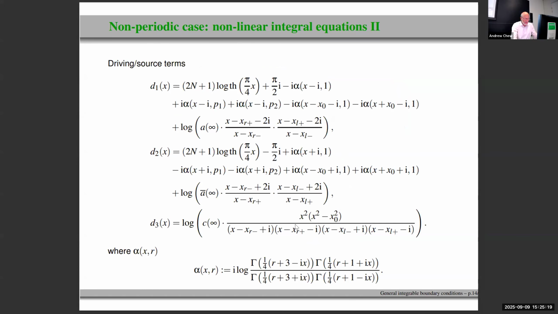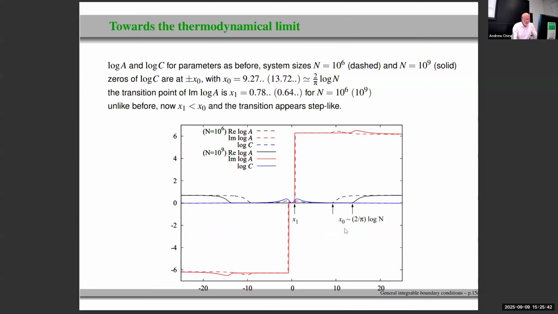And what you directly see is that this additive scaling that was done in the conformal limit to derive the 1 over n corrections for the periodic case is meaningless here. It simplifies the driving terms number 1 and 2, but then in case 3, it leads to nonsense.